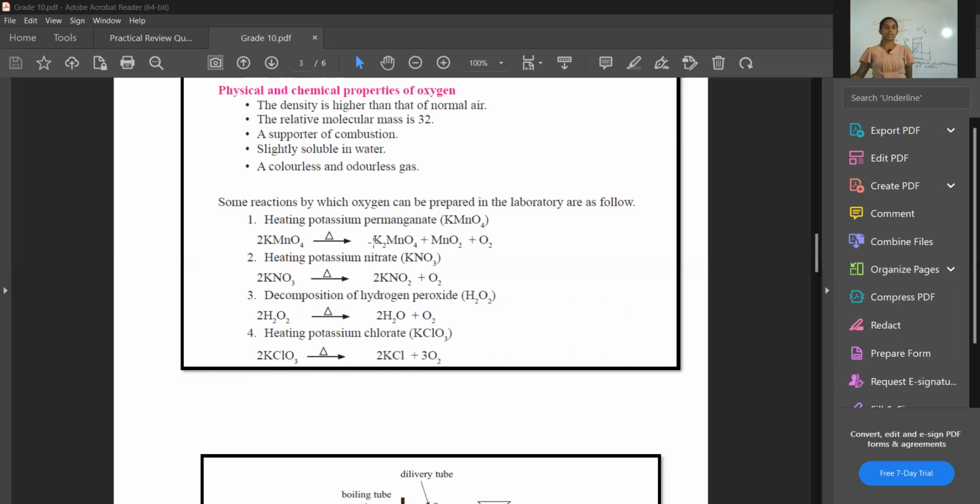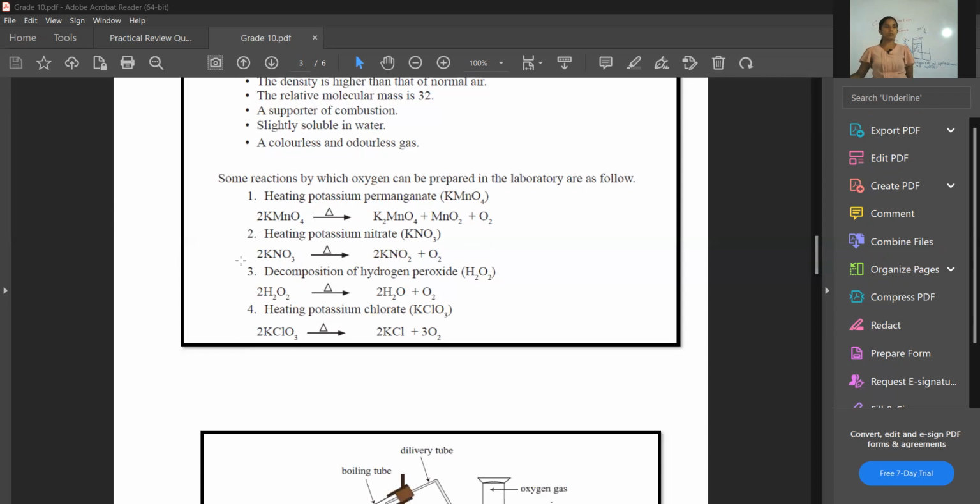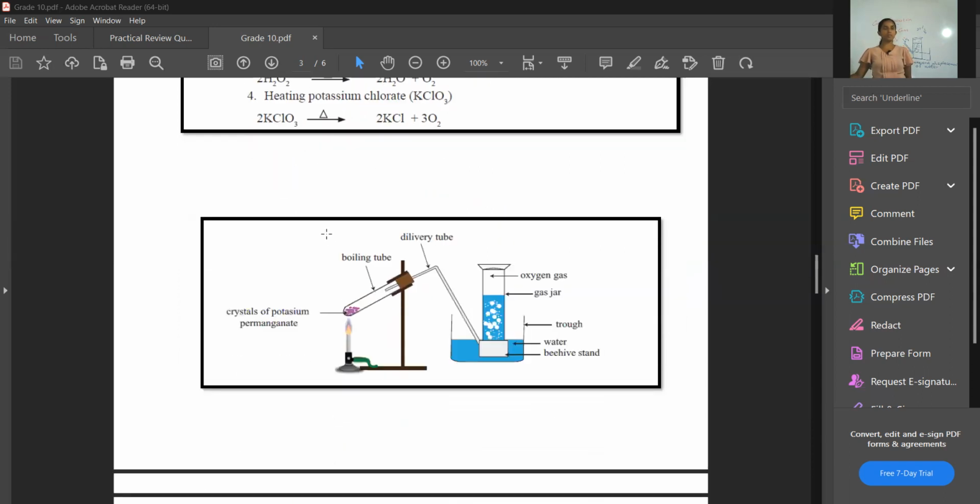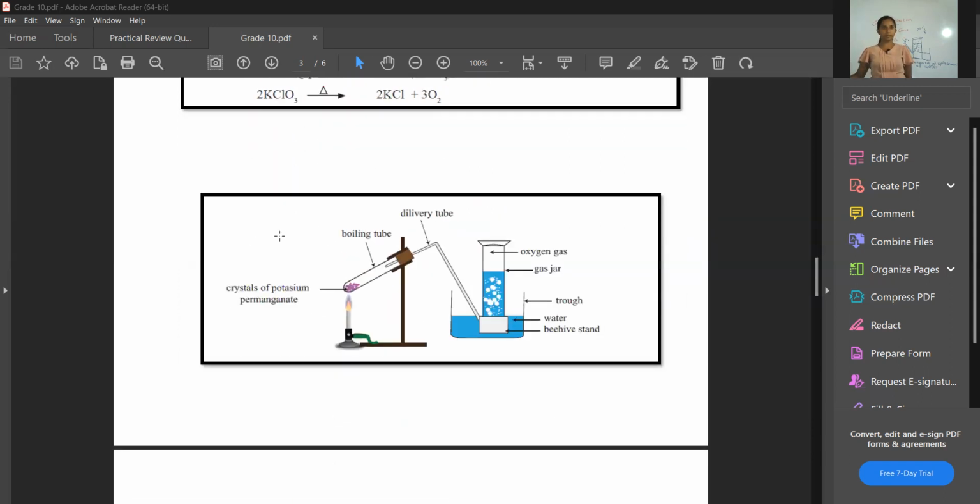There are some other methods also. We can use heating potassium nitrate, or we can use the decomposition of hydrogen peroxide, H2O2. That method also we can use, and heating potassium chlorate. We can use one of these methods, but the most common one is heating potassium permanganate.